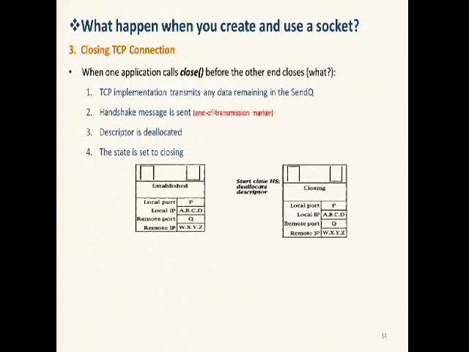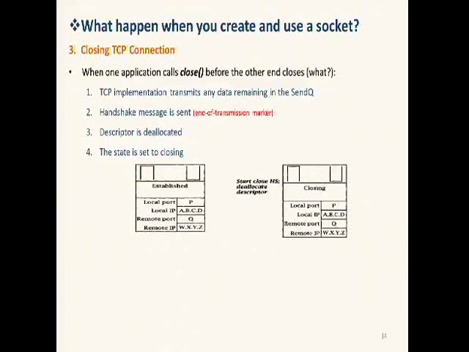It's like a marker. It says, okay, all I have has been sent. You don't need to expect anything from my side. Once that's done, the descriptor is deallocated. And then the state is set to closing. It's not yet closed.